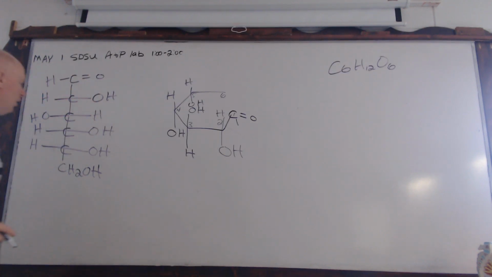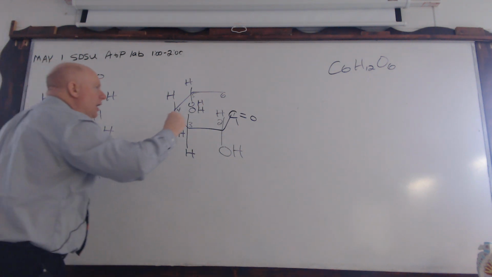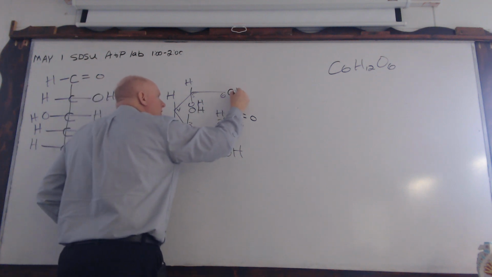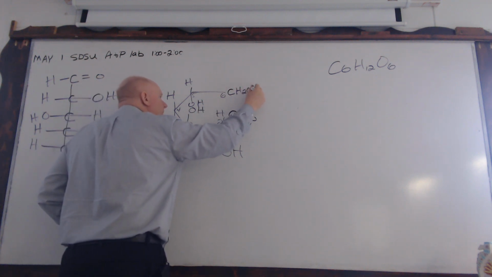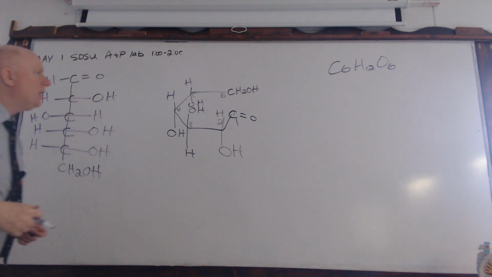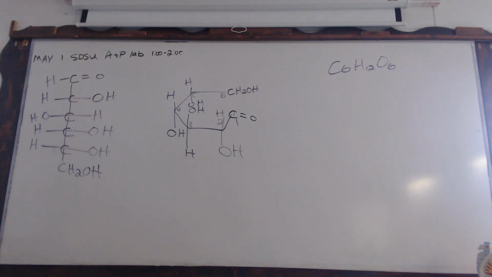And then what do we have on our 6th carbon? What does it illustrate there? We just go right on down the line, like you said, CH2OH. Now we're going to close that structure.